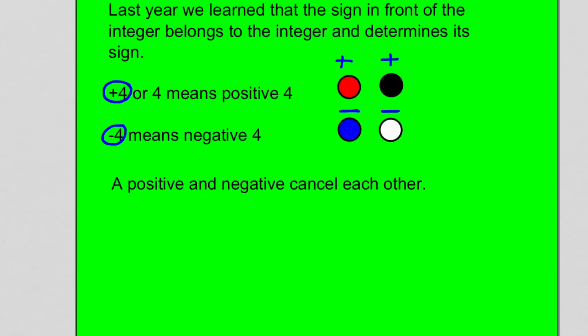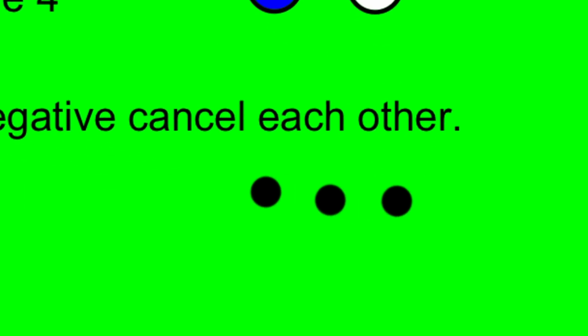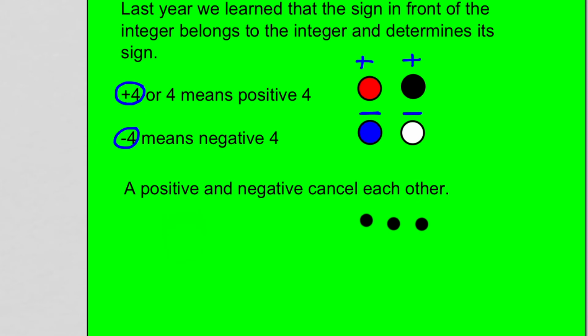So if you have a situation like this, I'm just going to draw a couple integer disks here. So let's say we have 3 positives, 3 black disks represent 3 positives. And then I have 2 negatives.